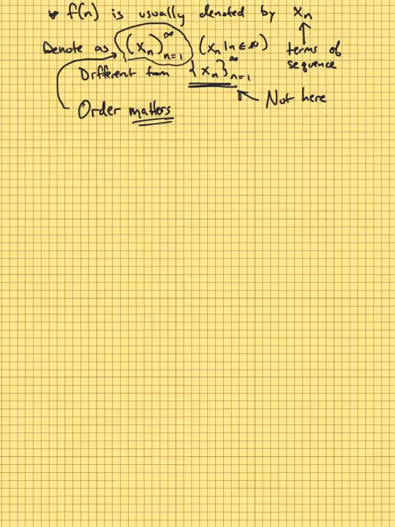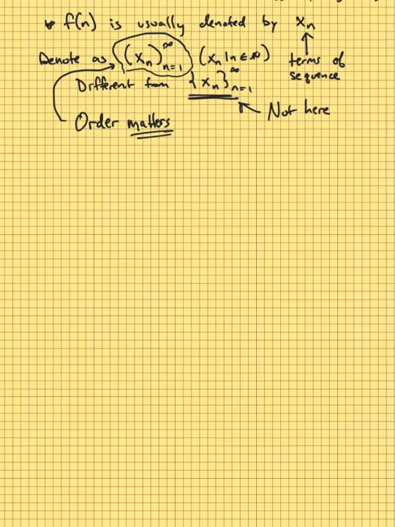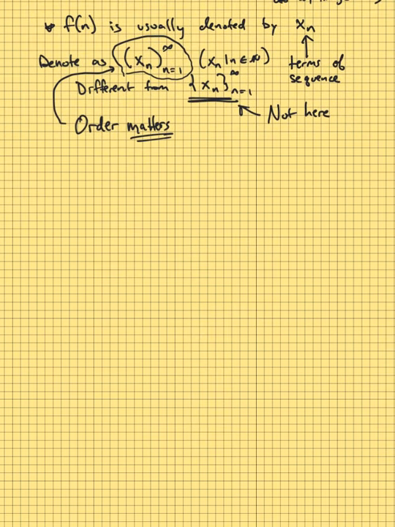Just to be overly pedantic about it, let me write down an example. If I look at the sequence (-1)^n for n in N, this is not equal to the set {(-1)^n : n in N}.